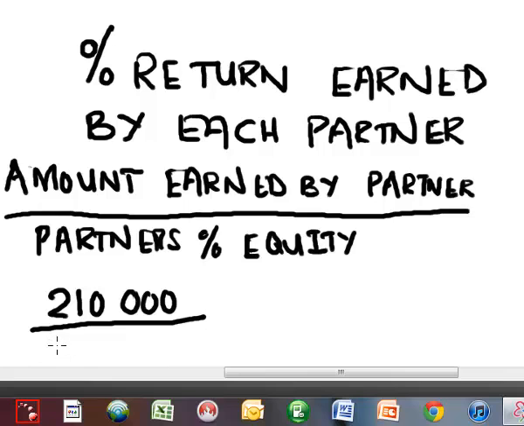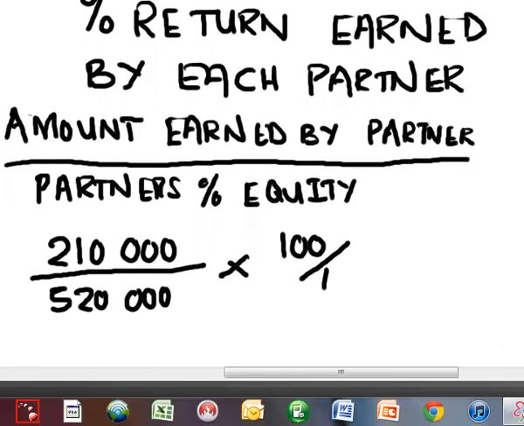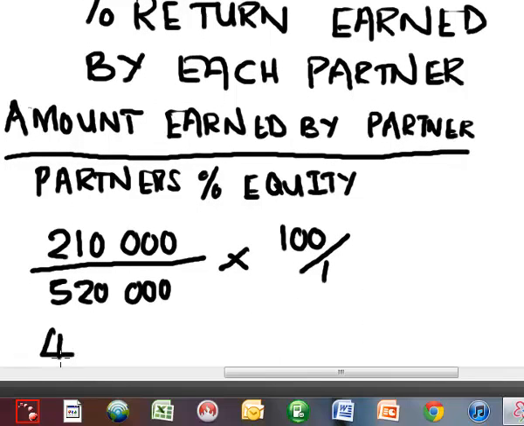So if we take an amount of 520,000 as the average equity, remember you want a percentage, so you multiply by 100 over 1, and your answer in this case will be 40.4%.